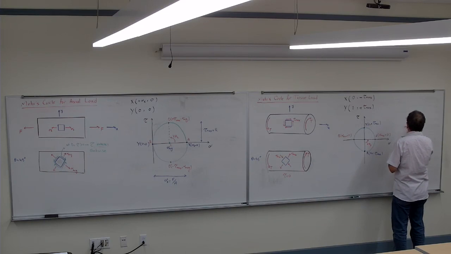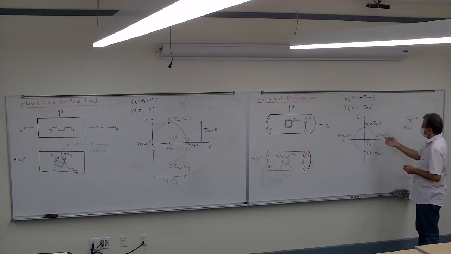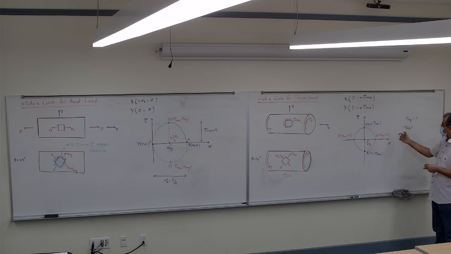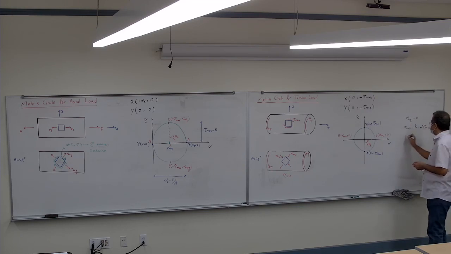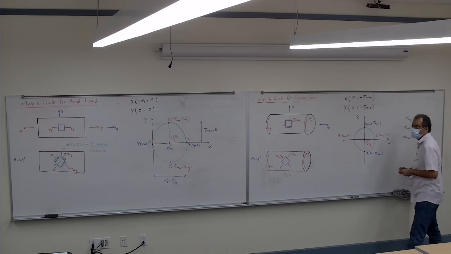Sigma max is just R, which is going to be plus tau max. Sigma min is negative R, which is negative tau max.